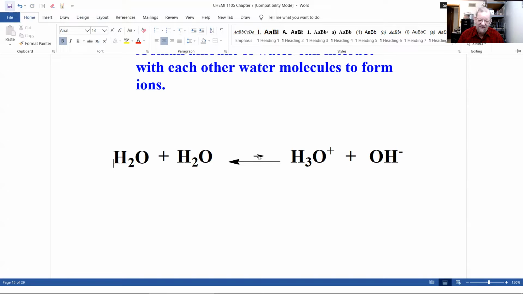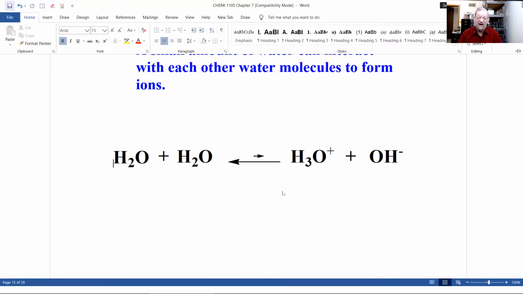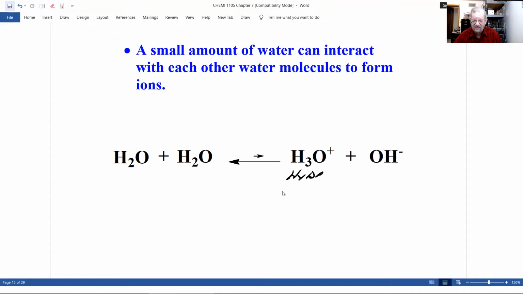And I've shown the size of the arrow. Most of it stays on the left, but some goes to the right. And this is an extremely important reaction in our daily life. What you form is hydronium ion and hydroxide ion.